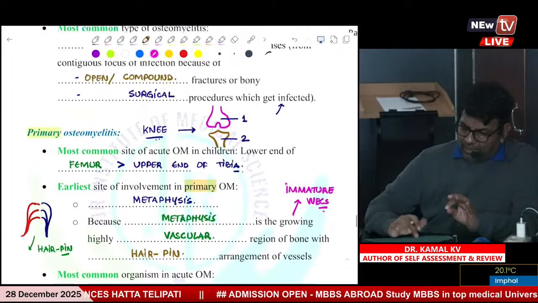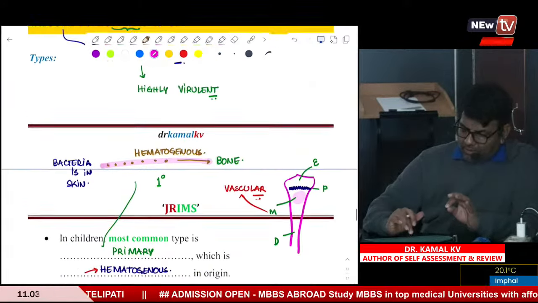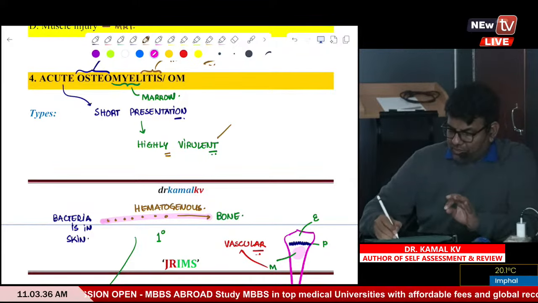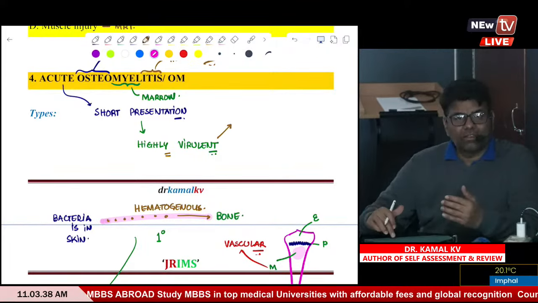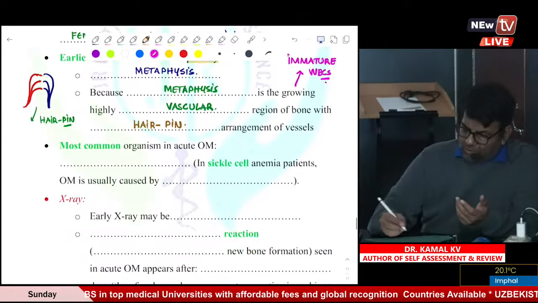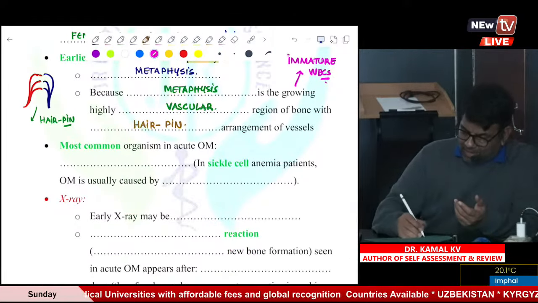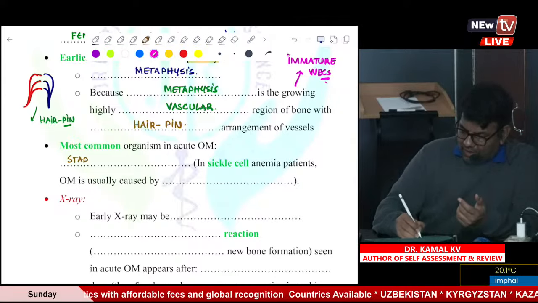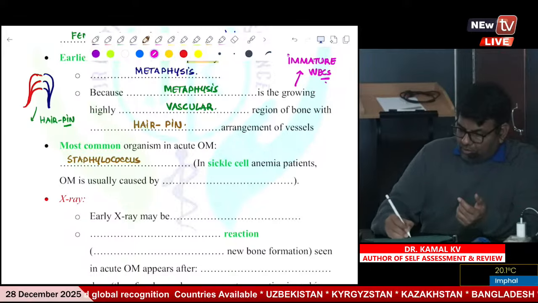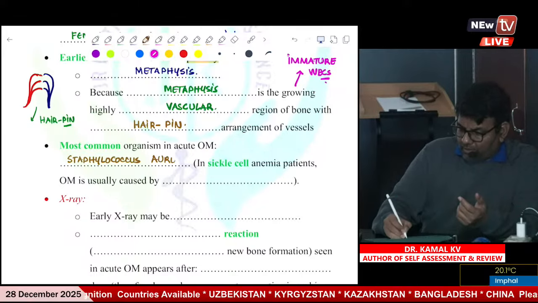Now we discussed that the bacteria has high virulence, and usually this bacteria is Staphylococcus aureus. So the most common organism in acute osteomyelitis is Staphylococcus aureus. Now this is for the normal population.